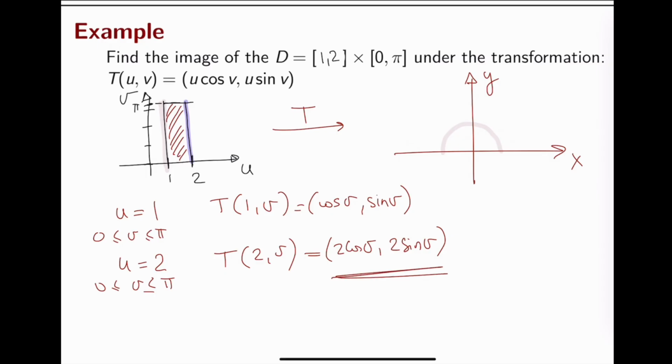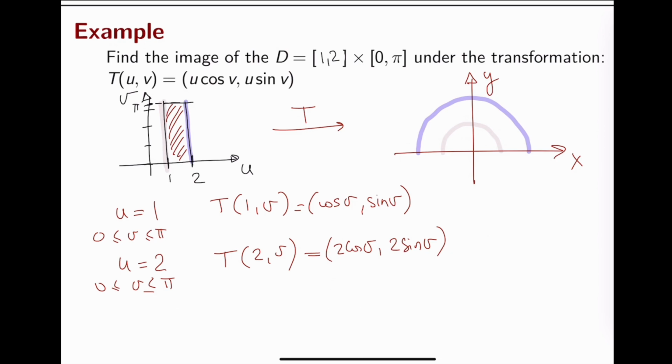This is also a circle, though a circle of radius 2. And again, v is going to vary between 0 and pi. So the circle is going to be something that looks like that. So we have the transformation of these two segments.